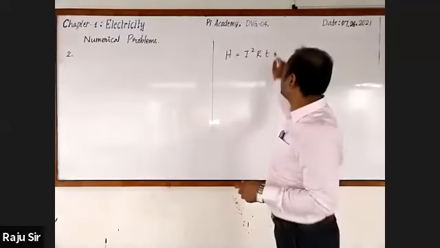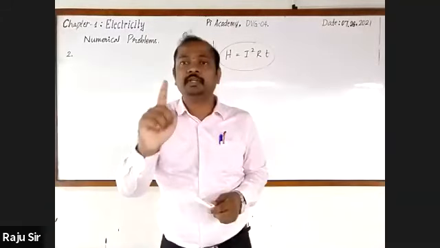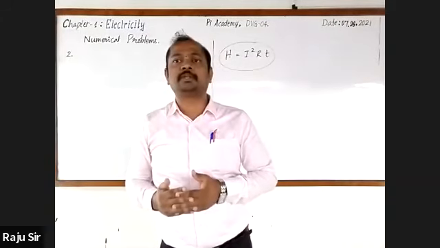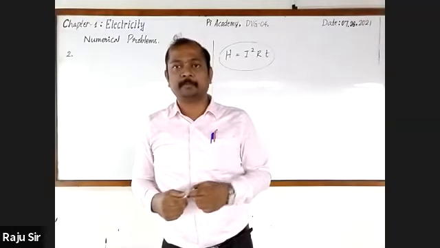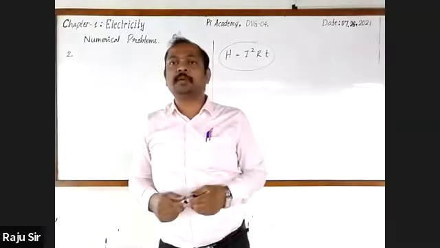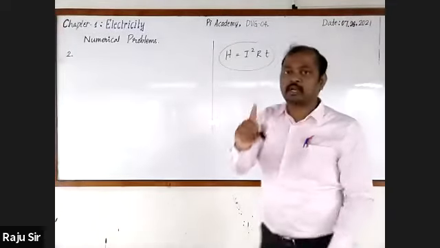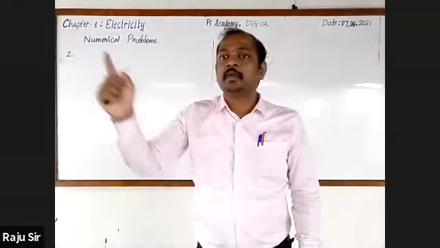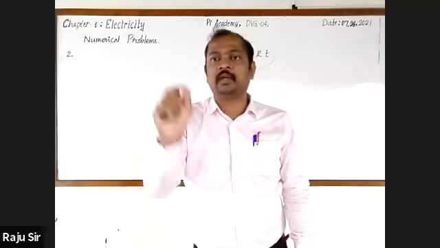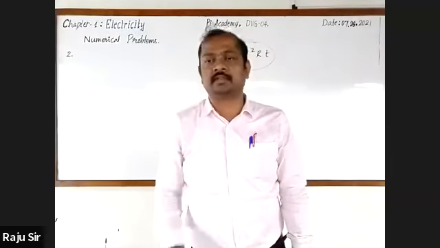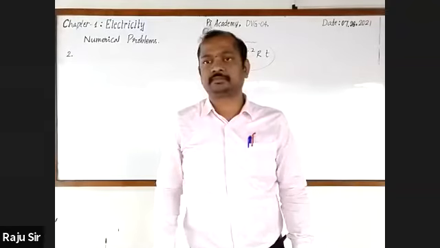Even based on this formula, we can state the Joule's law of heating, which is very important from the examination point of view. I had even given it in yesterday's test. Once you recall the statement: according to Joule's law of heating, when an electric current flows through a conductor having some electric resistance, then heat is produced in it.